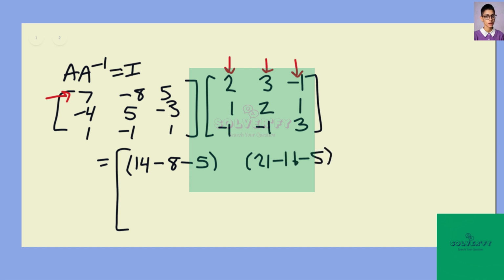And then the same row, next column. So we get negative 7, minus 8, plus 15. Okay, and then we repeat that for the other rows and columns.